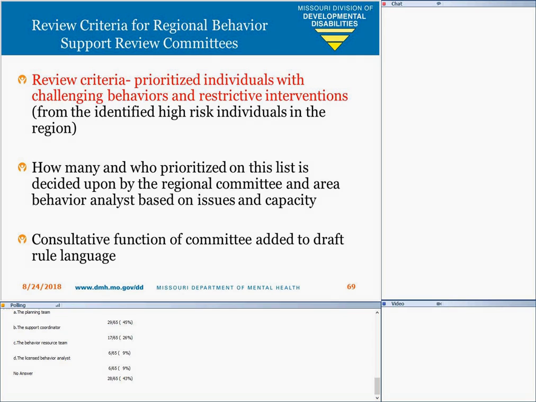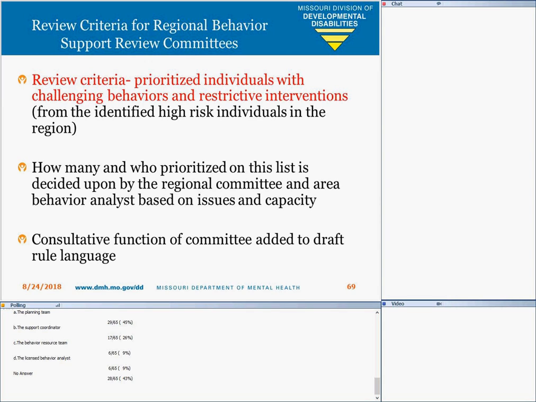The committees are purposefully made up only of licensed behavioral providers, because what they're reviewing are things that are relevant to behavioral services. Even though the person may not have behavioral services, they'll be reviewing individual support plans, but doing it with that perspective of understanding behavior analysis.